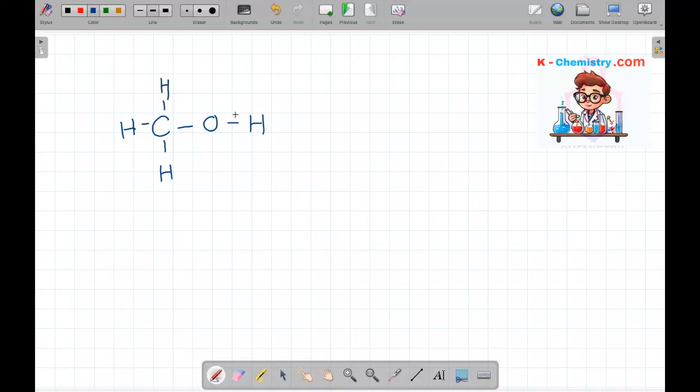So if you are looking for hybridization here, you have to ask yourself, where is the hybridization of carbon, of oxygen? If you want to know the hybridization of carbon, then you have to take the carbon out. This is the central atom, and these are the things around it. 1, 2, 3, 4 bond pairs. For carbon, this is four things.